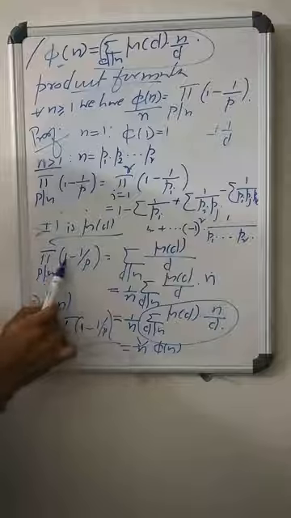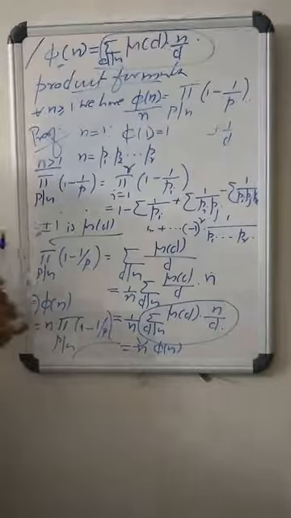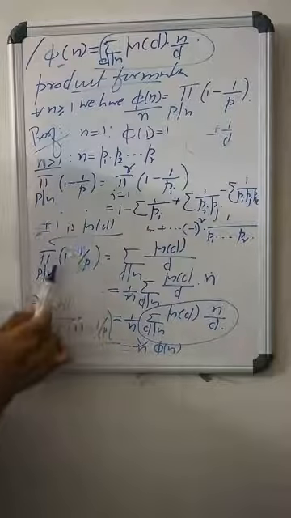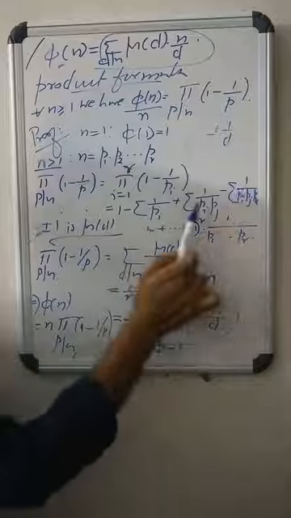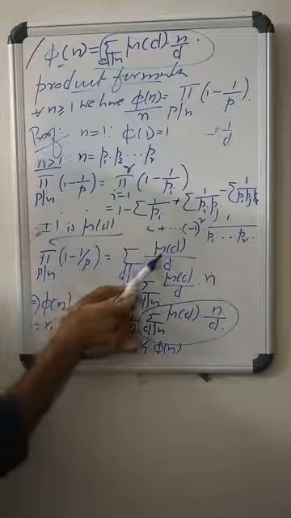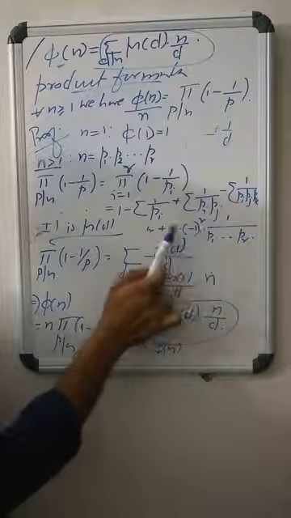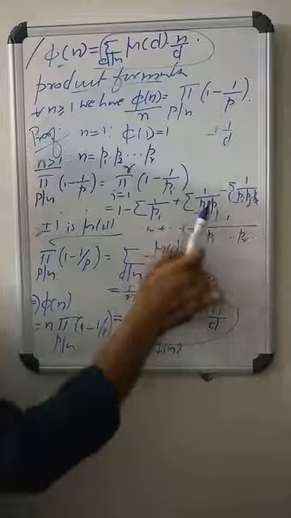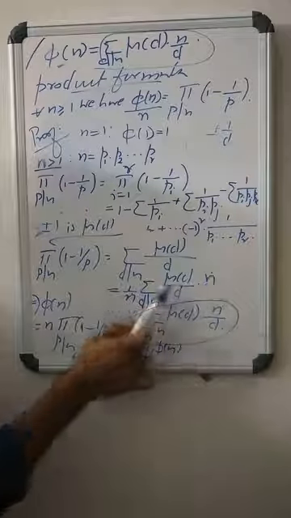Why? Because mu of d equals 0 when d is divisible by any square factor. So the product over p dividing n of 1 minus 1 by p, from the sum on the right side, can be rewritten as the sum over d dividing n of mu of d by d. Each of these terms is 1 by d. You can introduce n and 1 by n simultaneously.